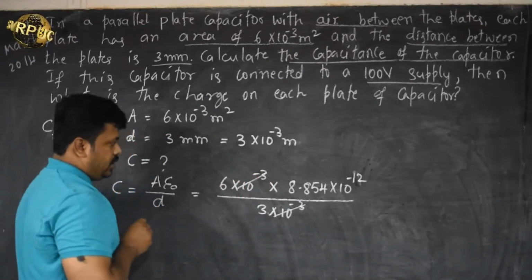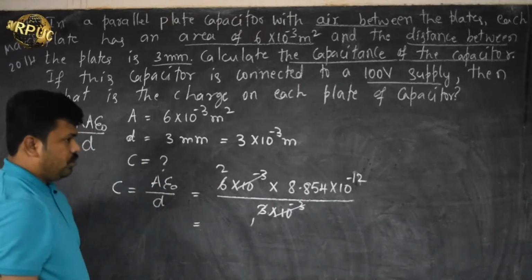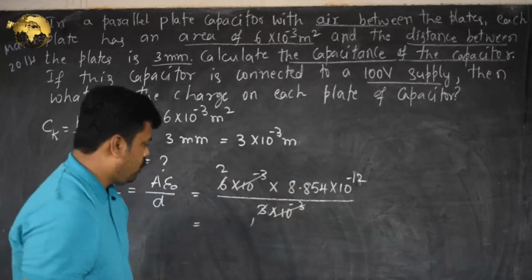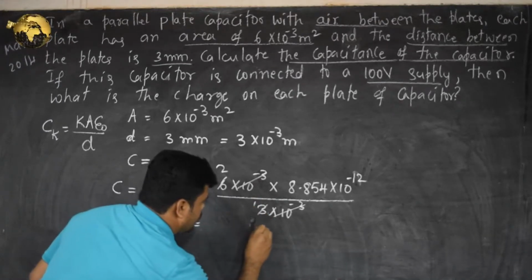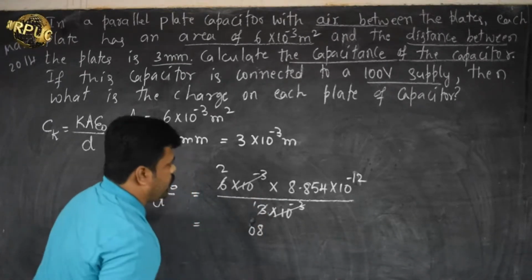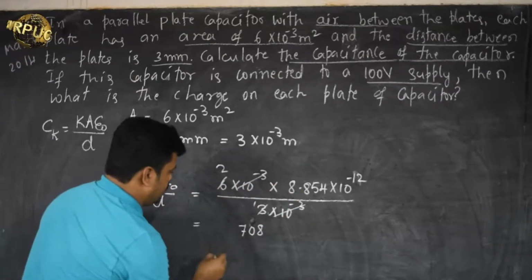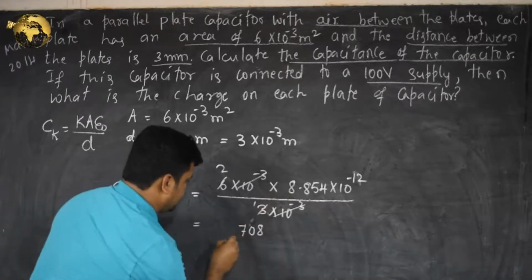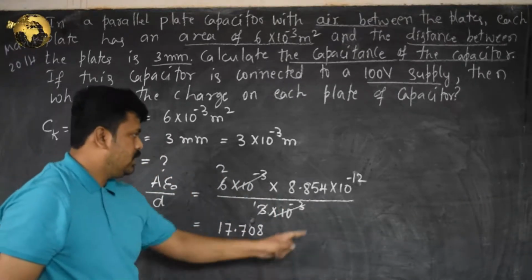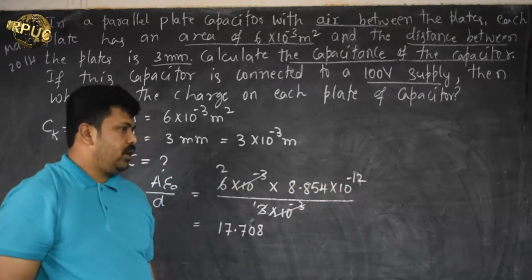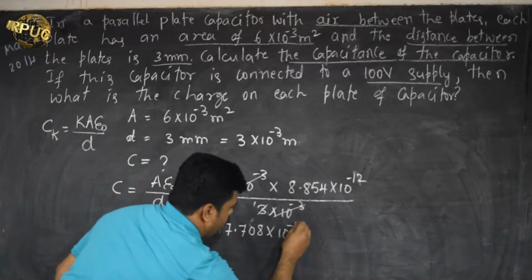So let's find out: 2 into 4, 8, 2 into 8 is 16, and so on, giving 17.708. We have 10 to the power minus 12 here. So let's place 10 to the power minus 12.